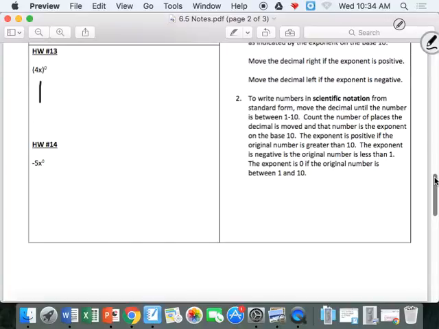Only the x. So only the x becomes a 1. So the answer is negative 5.